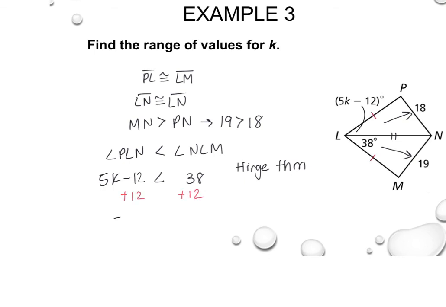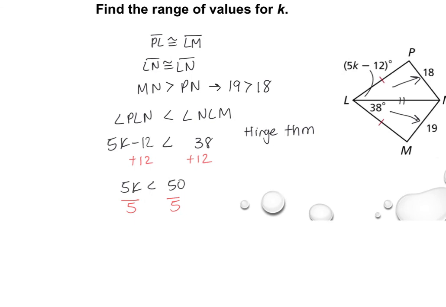What we're going to get is 5k is less than 50. And then we're just going to divide by 5. Since we didn't divide by a negative number, our inequality stays the same. We're going to get k is less than 10. So k has to be less than 10.